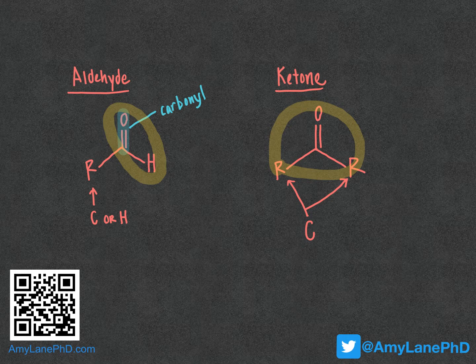We cover aldehydes and ketones together in the same chapter because they share many of the same chemical and physical properties. One reason why they have so many similar properties is because of the carbonyl group. And you'll notice in the case of each of these, the carbonyl group is bonded to R groups, which are carbons and/or hydrogens, depending upon whether the molecule is an aldehyde or a ketone.